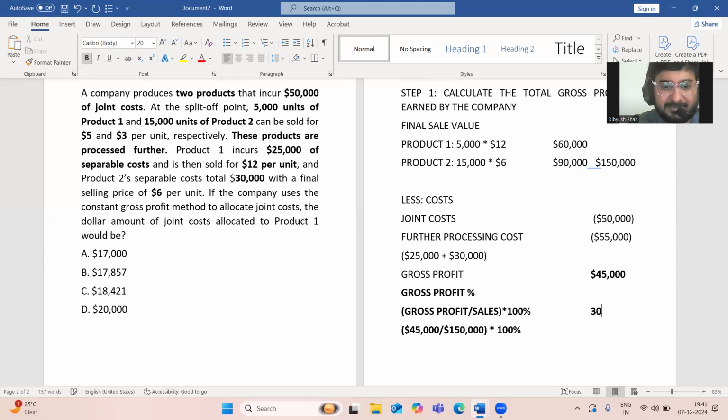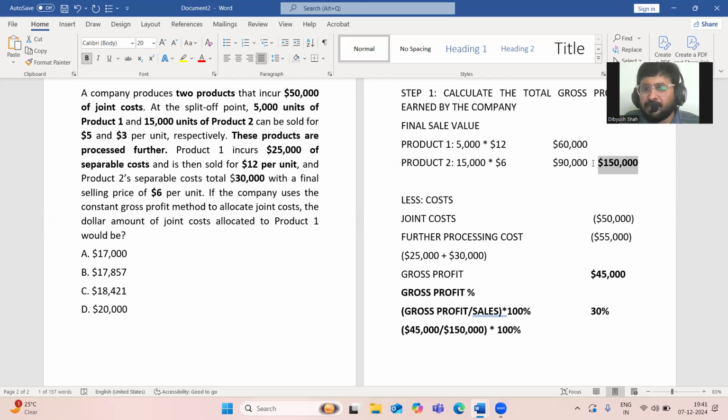on this entire transaction. So first step that I wrote there, calculate the total gross profit percentage earned by the company. How did I calculate that? I took the final sale value. That is what the company will be making from both the products belonging to the company only. So I added it. 5,000 into $12, 15,000 into 6. So my final sale value was $150,000. And then I subtracted all the cost.